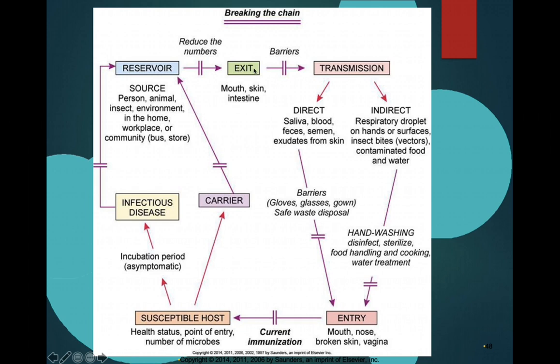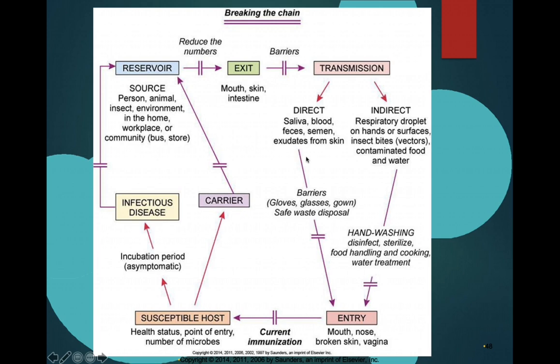The portal of exit could be from the mouth, the skin, the intestines, and then it gets transmitted, either directly or indirectly. Direct is through saliva, blood, feces, semen, or exudate from the skin, or indirect from droplets on the hands or surfaces, insect bites, vectors, contaminated food. With proper hand washing, disinfecting, sterilizing, and proper food handling, it can block the entry.